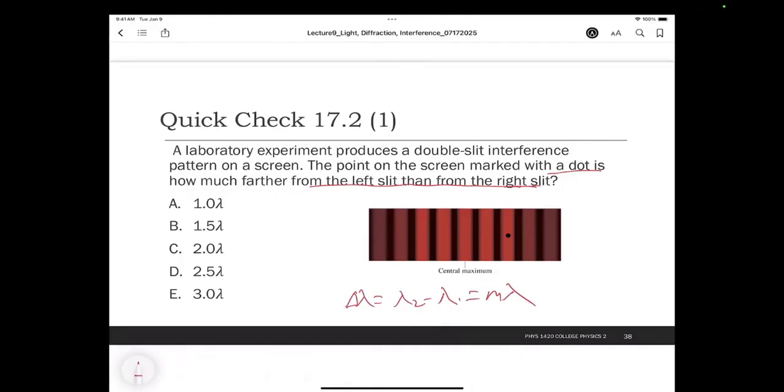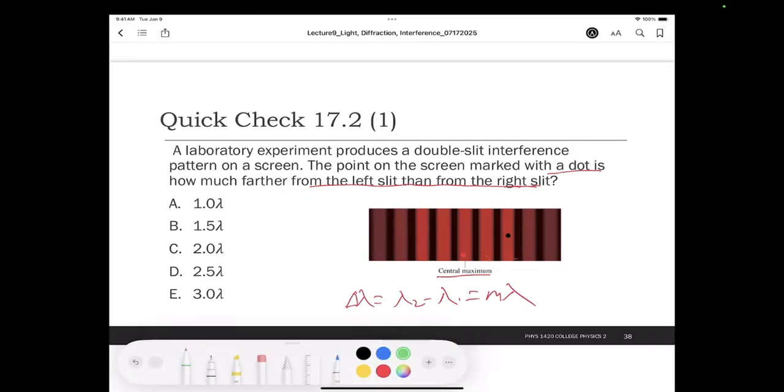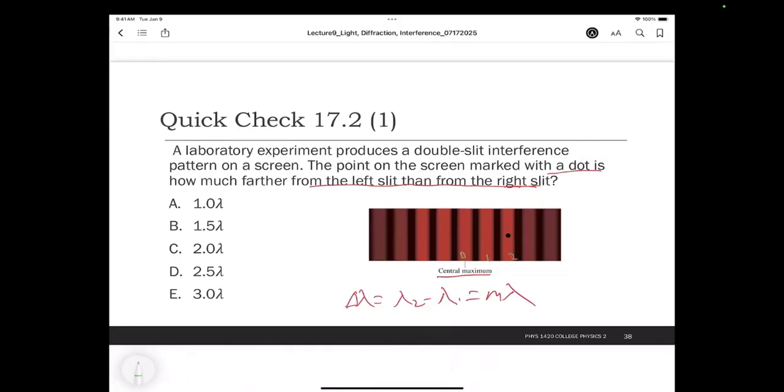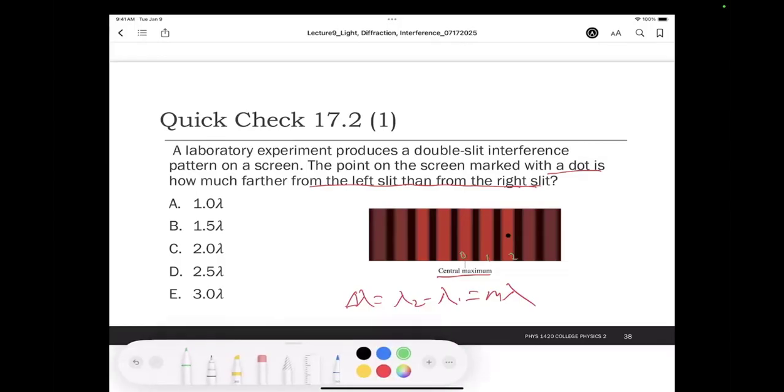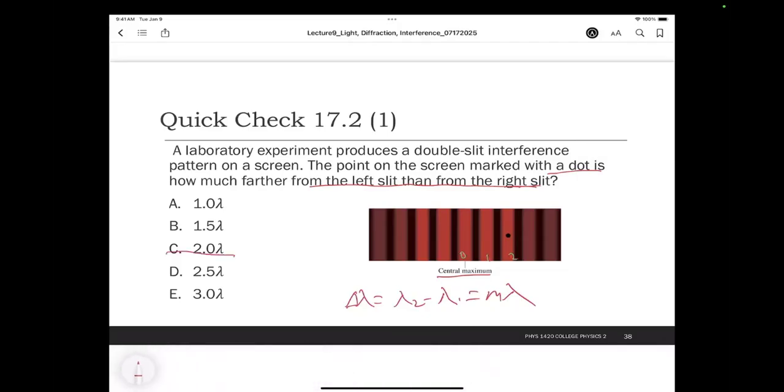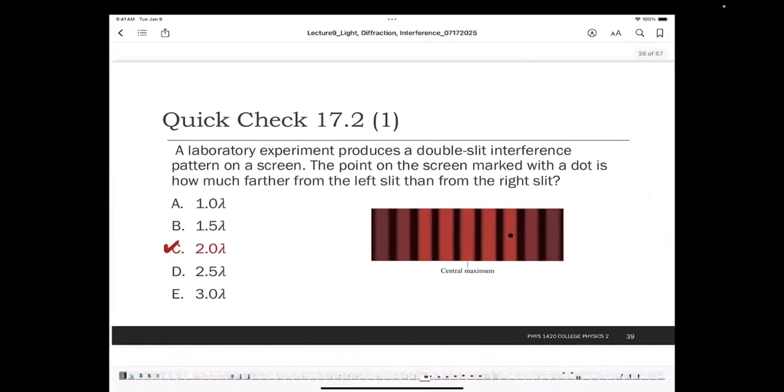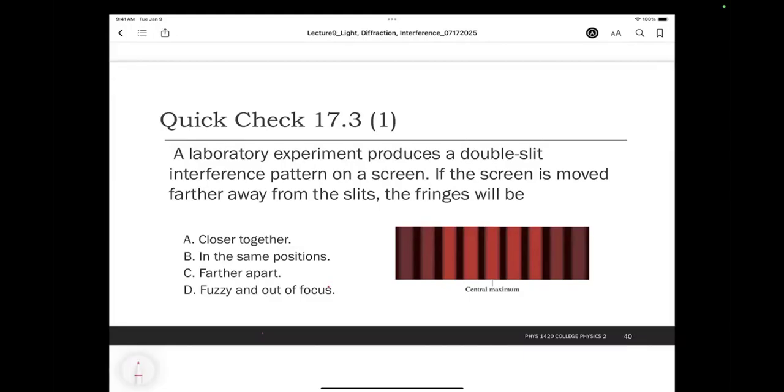Here is 0, because this is the central maximum. So this is 1, this is 2, so the difference should be 2 lambda. So the answer should be C. Does it make sense to you?